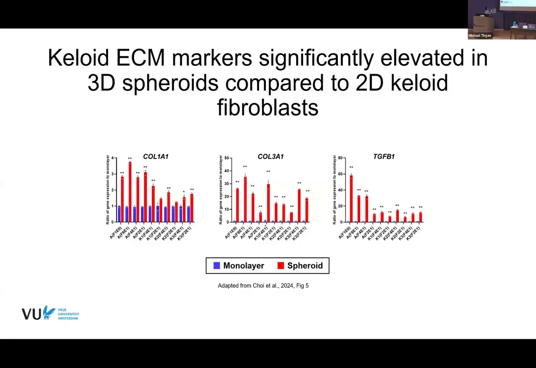K1, K2, and K3 mean keloid fibroblasts, and F4E1 means the ratio of fibroblasts to endothelial cells. What you're seeing essentially is that over time, in every concentration and every cell type you use, the ECM markers are significantly elevated in the spheroid in all cases compared to the 2D keloid fibroblasts, which is quite interesting.